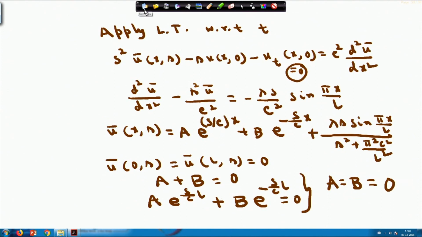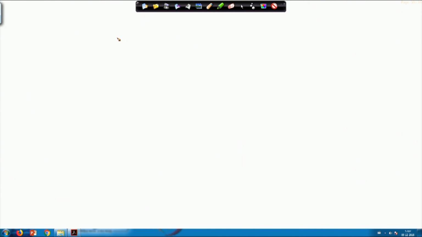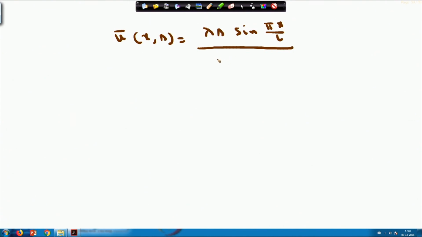So, once you are getting a equals b equals 0, therefore your u bar x s equals lambda s sin pi x by L divided by s square plus pi square c square by L square.